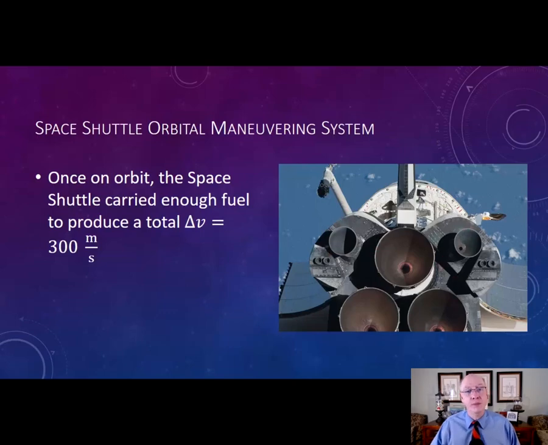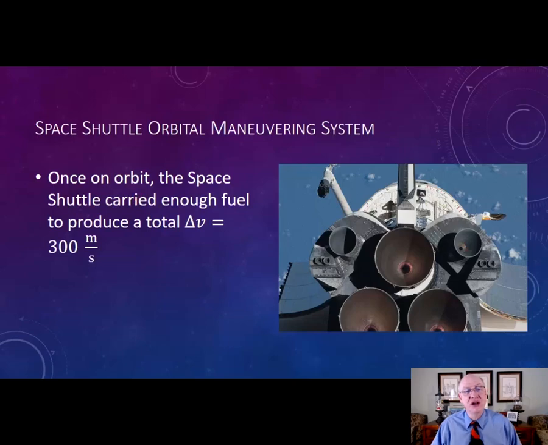They're called the OMS, the orbital maneuvering system. And it consisted of these small thrusters, and also these larger thrusters that were used for major orbit changes. Once the space shuttle was on orbit, once they had discarded the external tank and these main engines are useless now because they're not needed anymore, these OMS pods would do all the orbit changing.